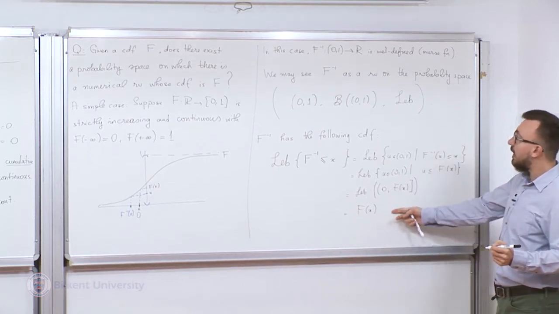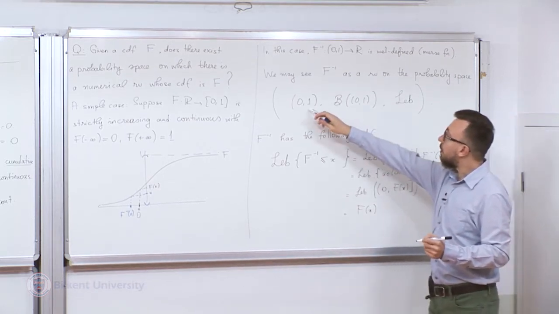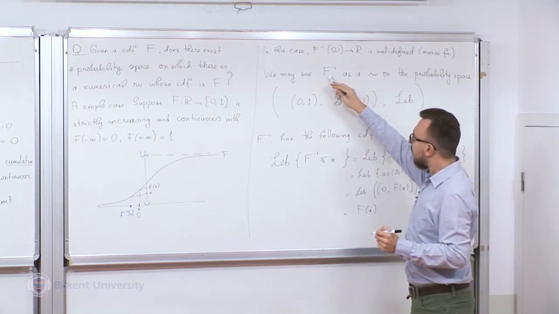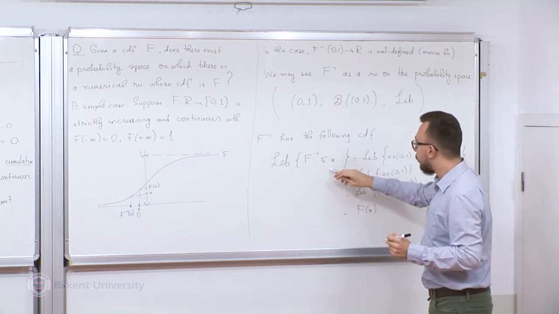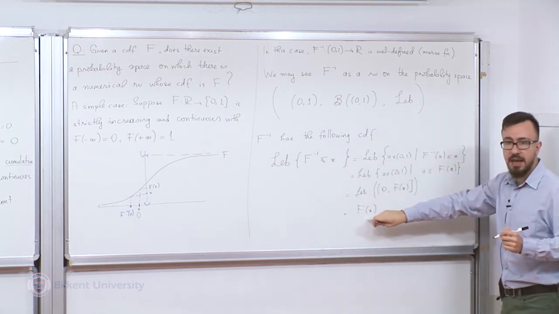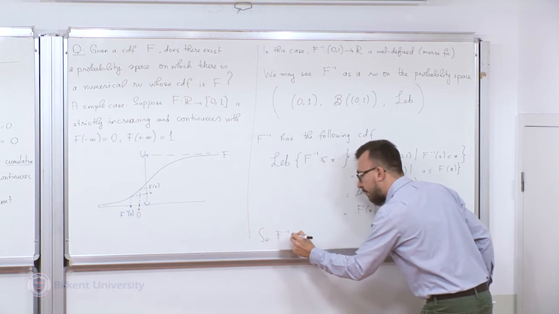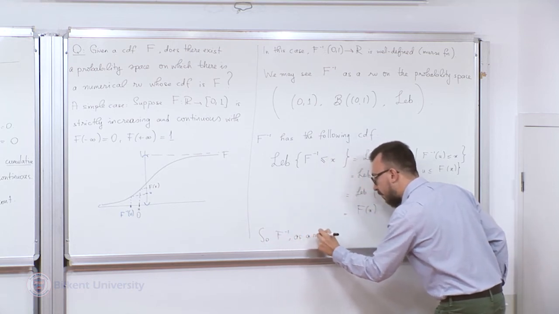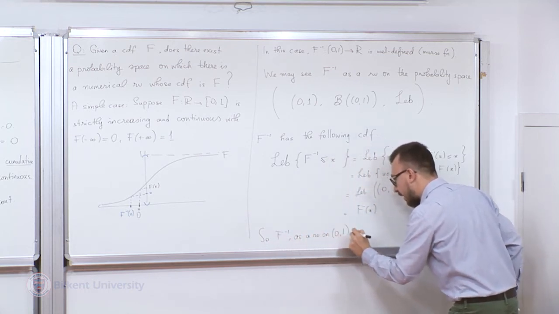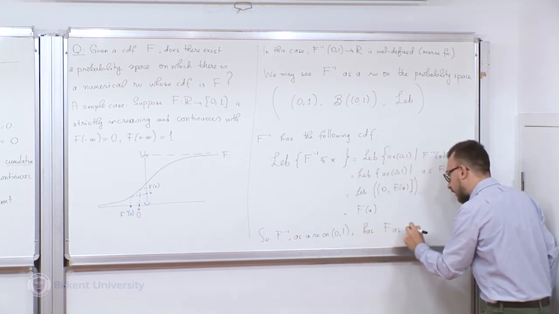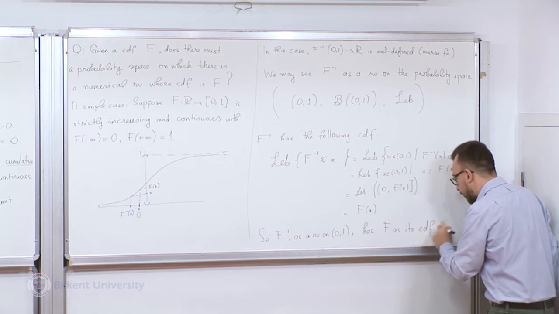So indeed, we found a probability space on which there is a random variable whose cumulative distribution function is exactly f. So f inverse as a random variable on the (0, 1) interval has f as its cumulative distribution function.